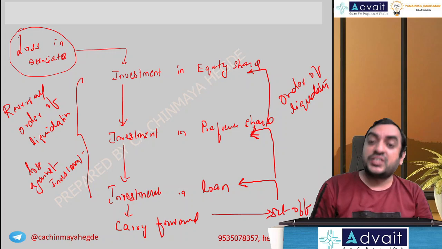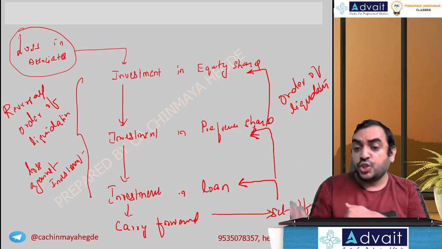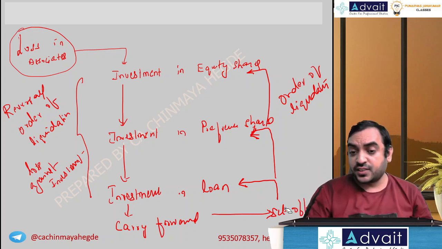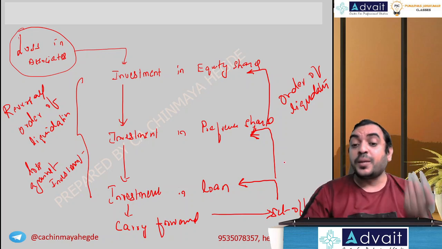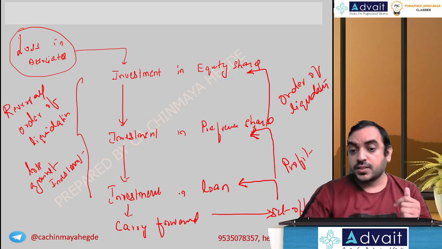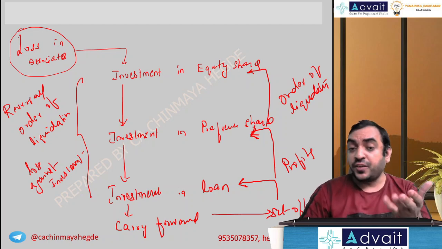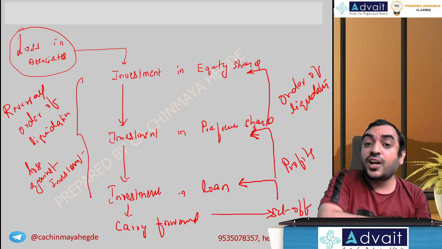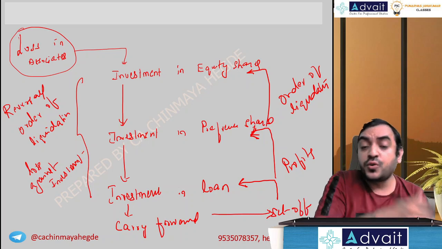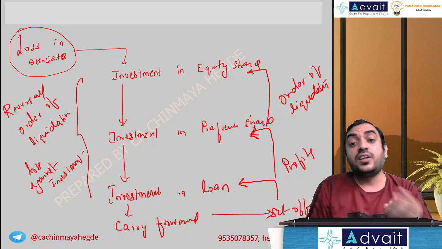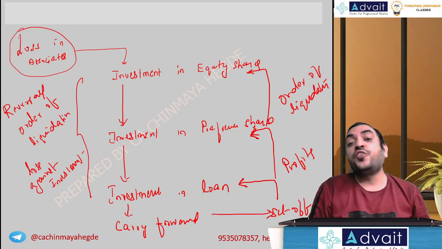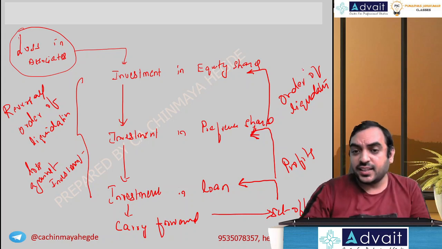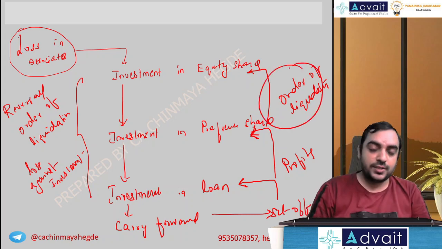When you carry forward and subsequently make profits, you have to reverse all the previous losses. But the reversal should happen on LIFO method. Basically, that is in the order of liquidation.